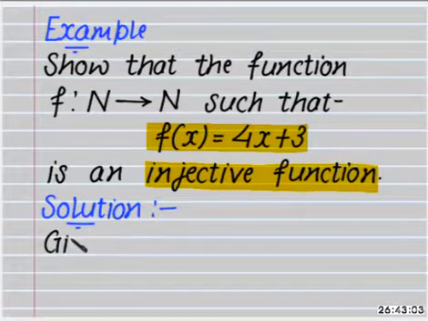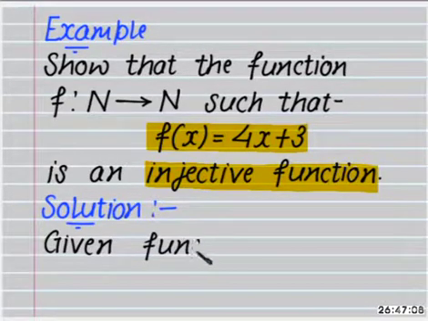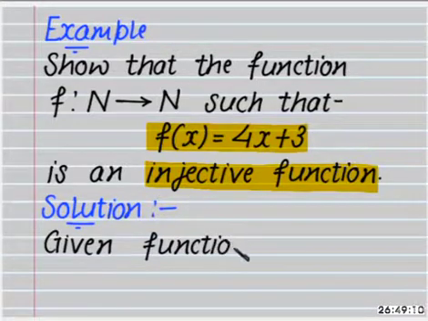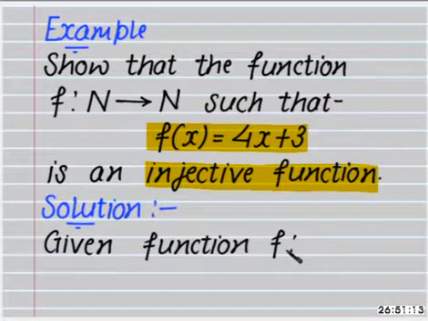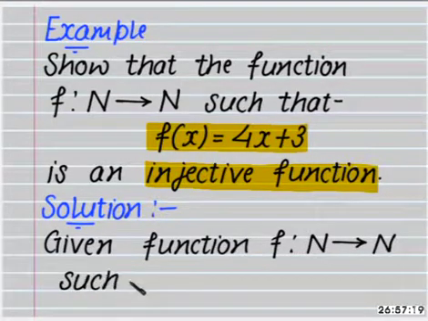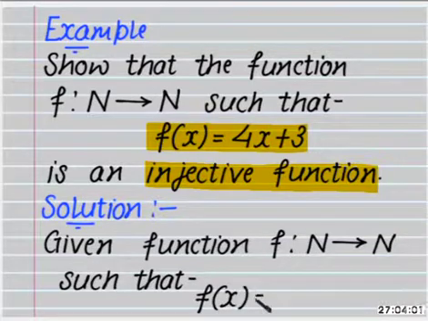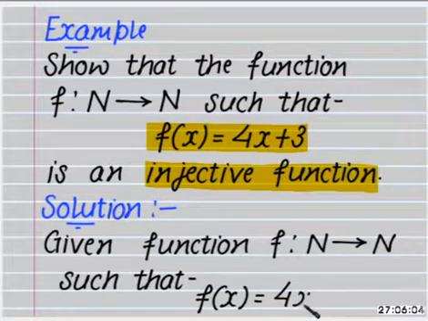Here the given function f from the set of natural numbers to the set of natural numbers such that f of x is equal to 4x plus 3.